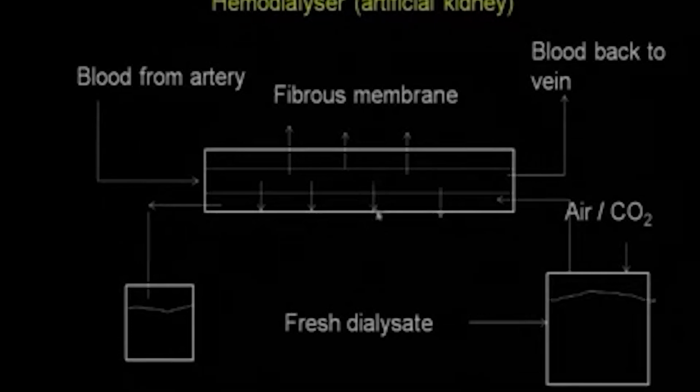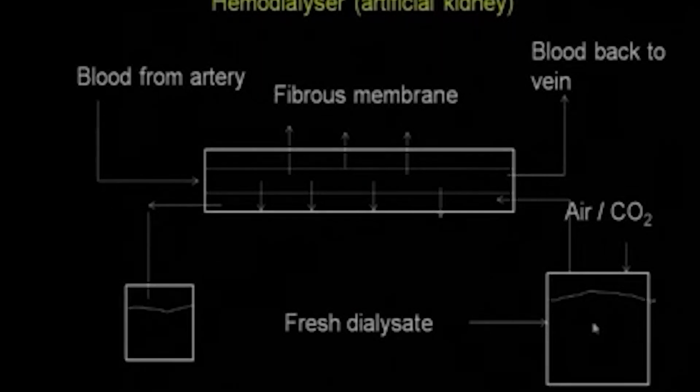All the salts get diffused and go to the dialysate, and the blood that is leaving will be free from all these salts. This is called the used dialysate, which will have all the toxic salts present in the blood. That is why this is called an artificial kidney. So it is a fibrous long tube.